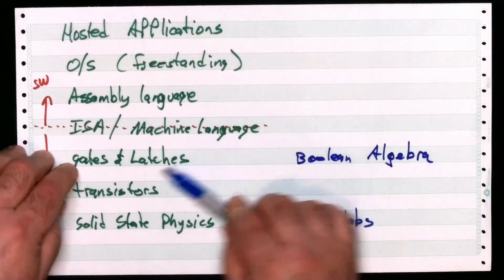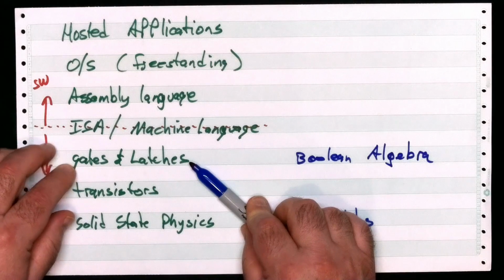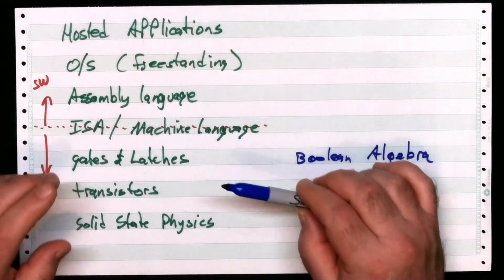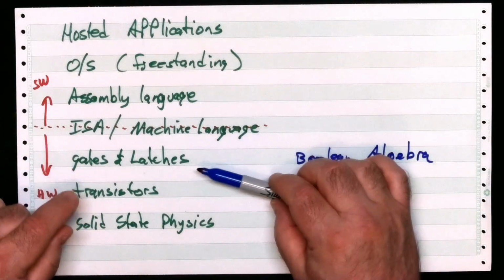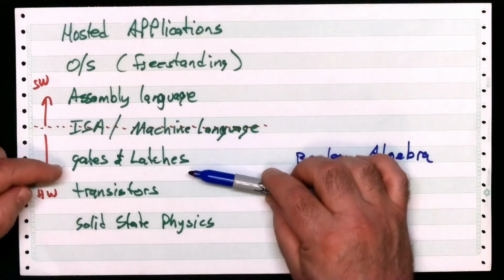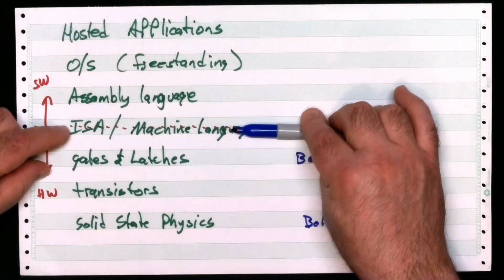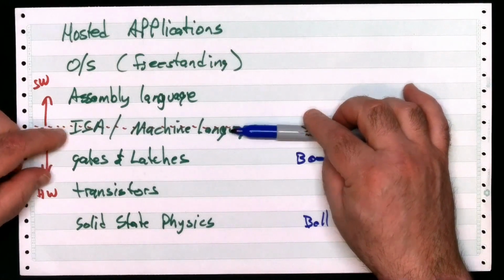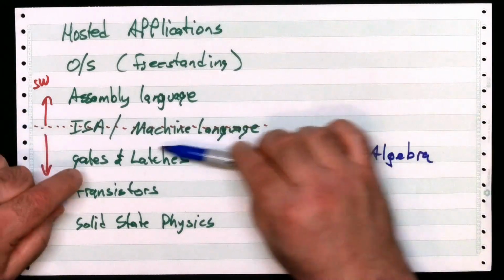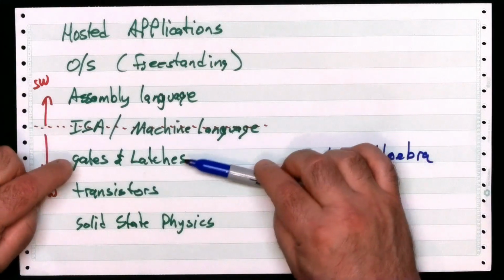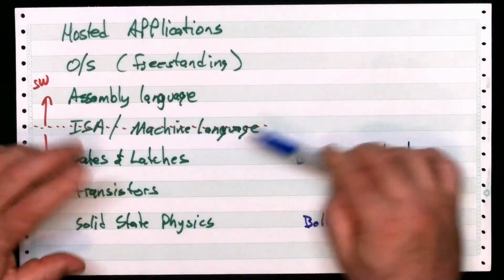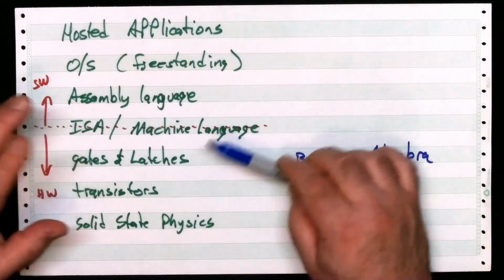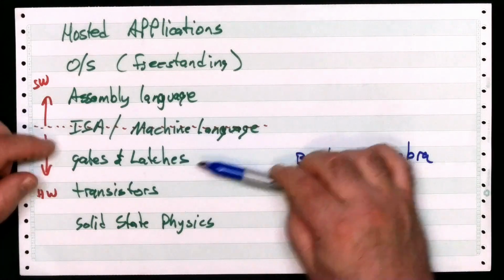You can then combine gates and latches to create memories and ALUs and finite state machines that are capable of executing machine language instructions that are expressed in binary. It can be fetched from memory and then inspected, and then this finite state machine that you can build down here would react to it and perform various operations, like add one to a register and stuff like that, right?